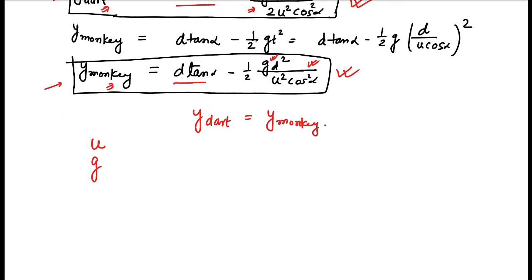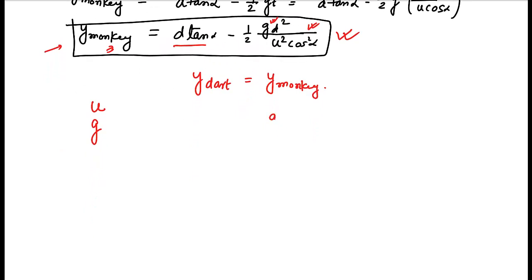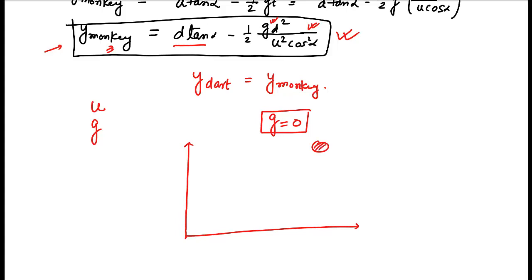In fact, there is a special case when g is equal to 0. What will happen if g is equal to 0? In that case, your monkey is not going to fall. This is the monkey position. So if g is equal to 0, the monkey is not going to fall, and the dot will cover this path, a straight line path.